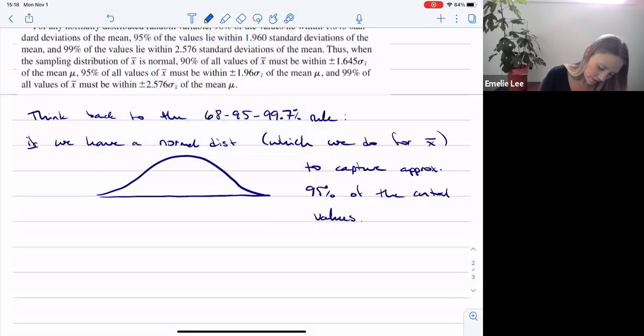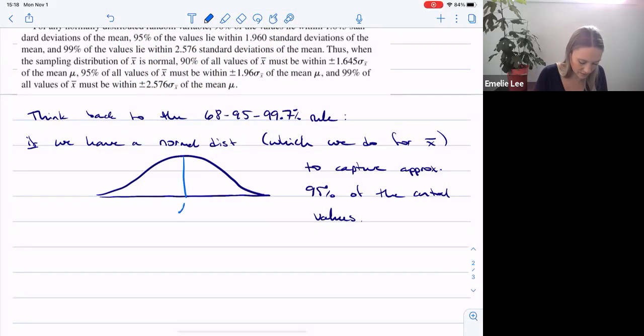If we've got the mean here, it's centered on the mean. And if I go out one standard deviation, two standard deviations, and I capture the central 95%, there's a reason I'm going for that as a default, because it is going to be our default in practice.